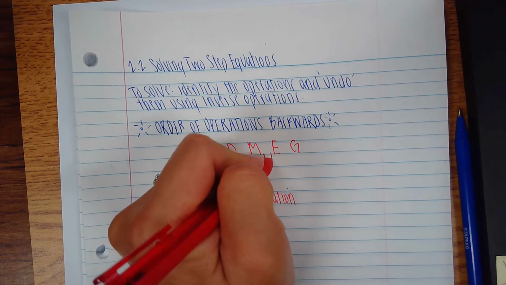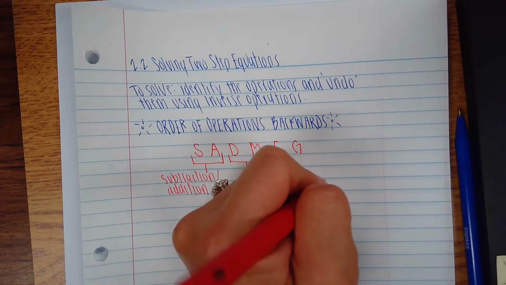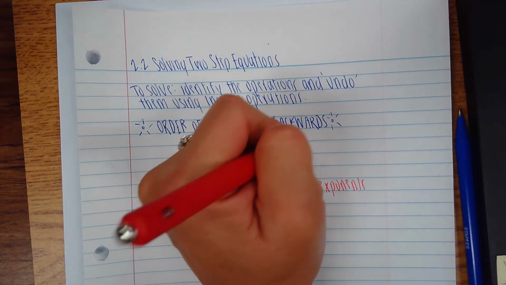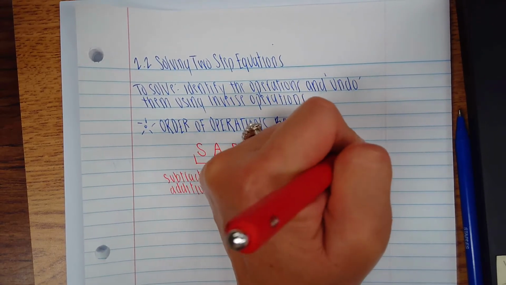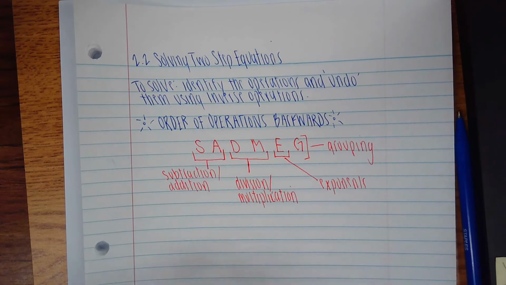And exponents. Going to draw a little line out here. Exponents. And last but not least, grouping. Grouping, grouping, grouping. Okay, so we're doing those backwards.